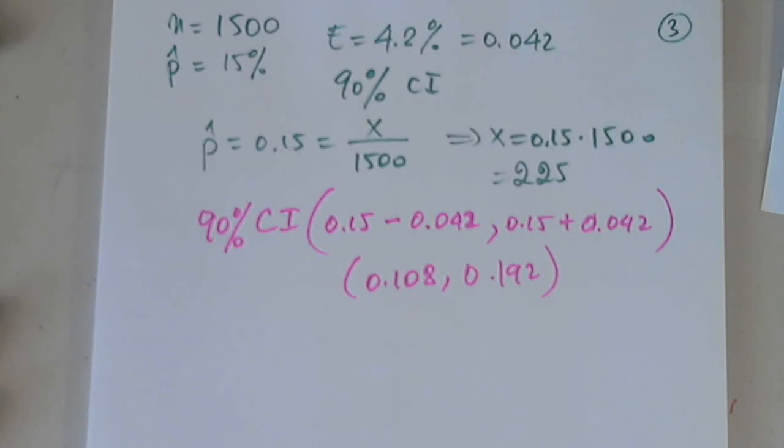No. And it's interesting how they twist the words. In 90% of samples, the proportion that dreaded is between this and this. No, it's the 90% confidence. Okay, no. Let's also read D. There is 90% confidence that 15% of the adult citizens of the nation. No.